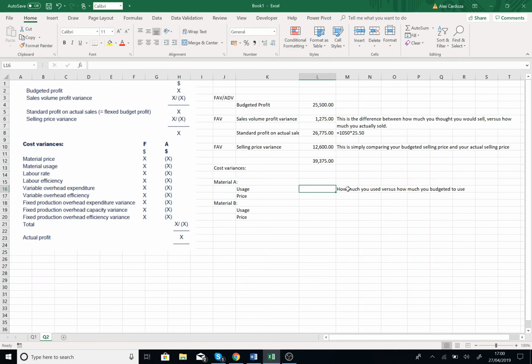First, we'll work out the standard price. Step one, work out the standard price per kilo. So we do 12.5 divided by 5.